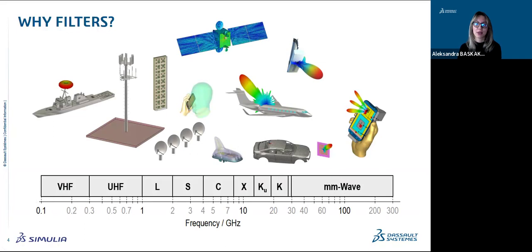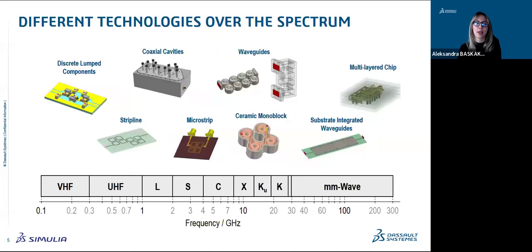As the frequency spectrum becomes more crowded, the demand for channel filters is ever so high. Communication networks in both terrestrial and space applications are becoming more demanding on the use of this frequency spectrum. In order to deal with strict spectrum needs, filters are used.